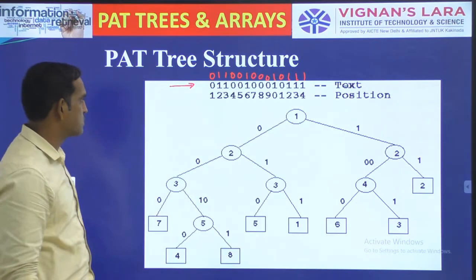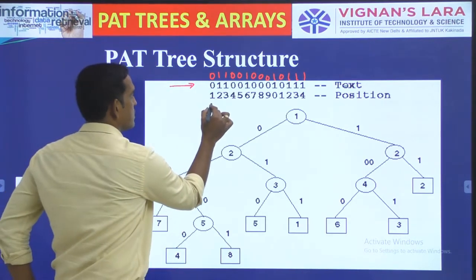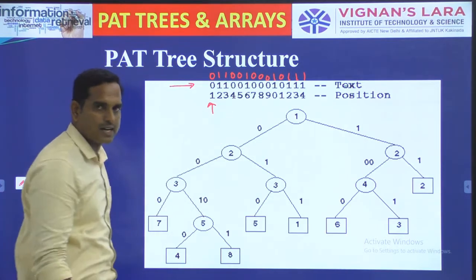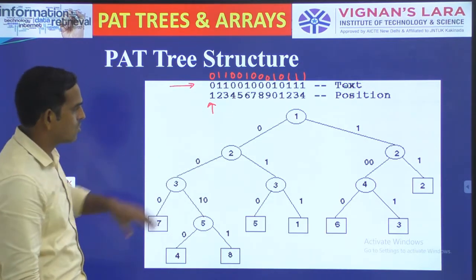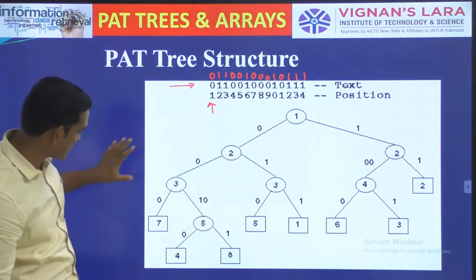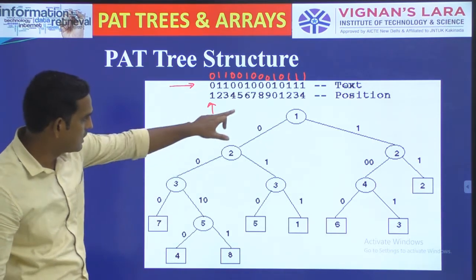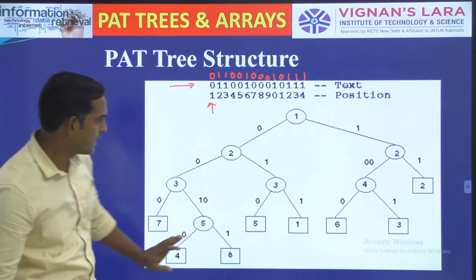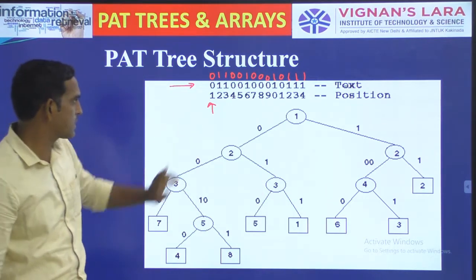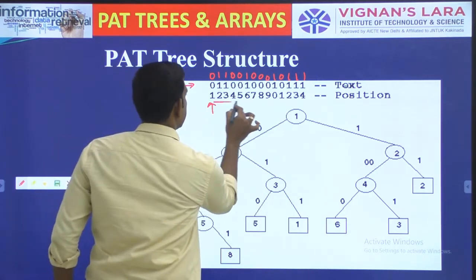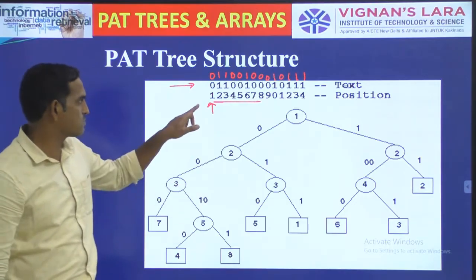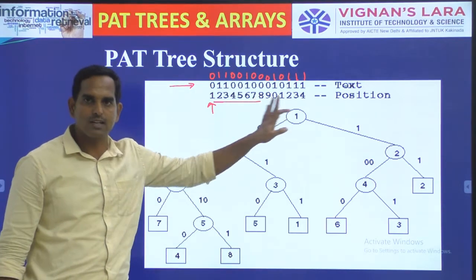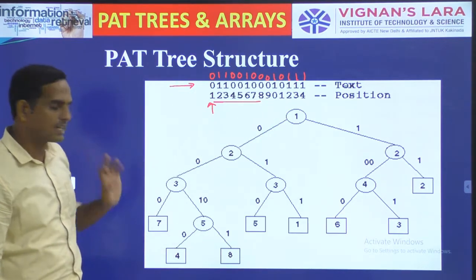If you take the first position string, that is string 1, this will be the complete Patricia tree for the 8 strings here. 8 means it is starting at position 8, 7 means it is starting at position 7.